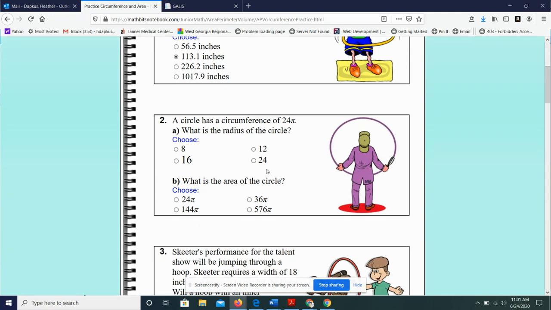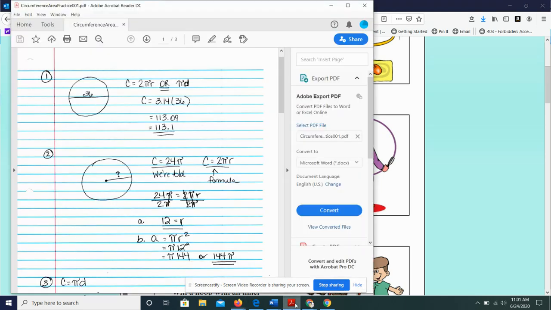On number 2, a circle has a circumference of 24 pi. What's the radius? They've given us the circumference, so we're going to come back over here. The circumference is 24 pi. We know the formula for circumference is 2 pi r. So we can set 24 pi equal to 2 pi r because they both equal circumference. 24 pi equals 2 pi r.